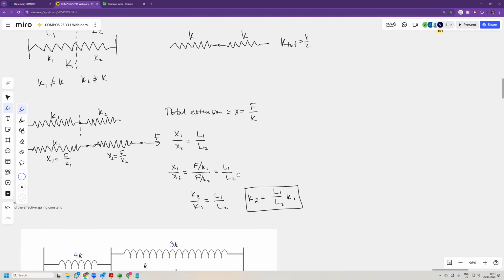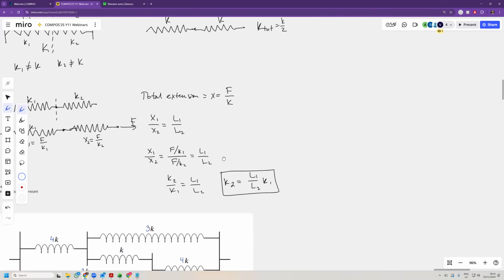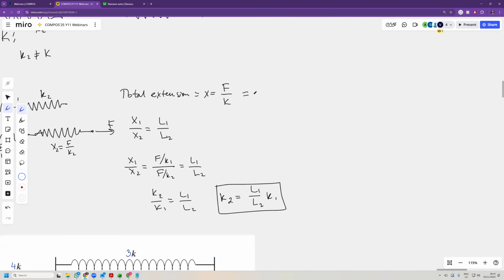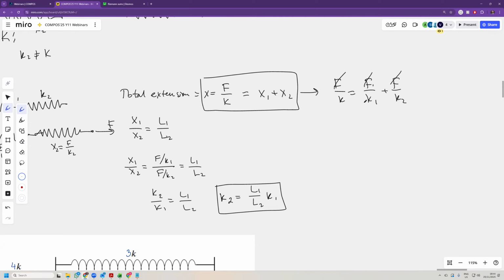We also know that the total extension is F over K, and that X is X1 plus X2. So from here, we get F over K is equal to F over K1 plus F over K2, which is obviously 1 over K equals 1 over K1 plus 1 over K2.